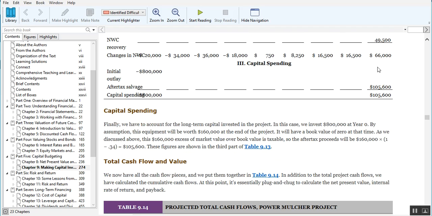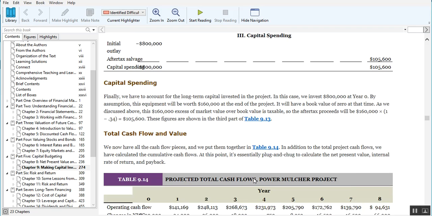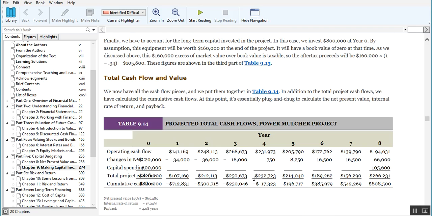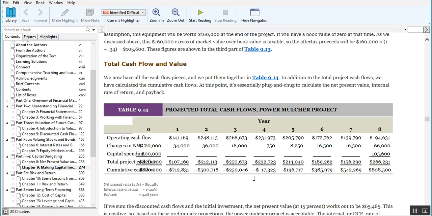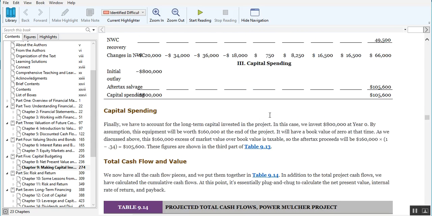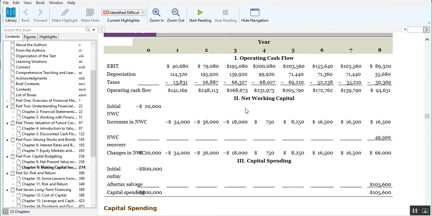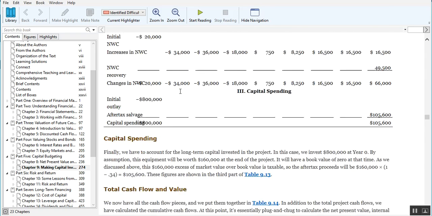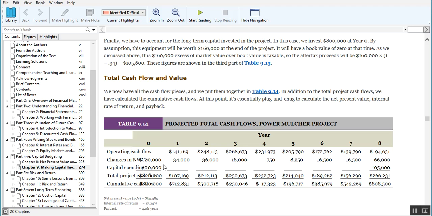We've calculated the long-term capital invested in the project, and then we're going to calculate these projected total cash flows based on the operating cash flow we calculated up here, right here, and we're going to account for the changes in net working capital here, and then we're going to show a cumulative cash flow here.